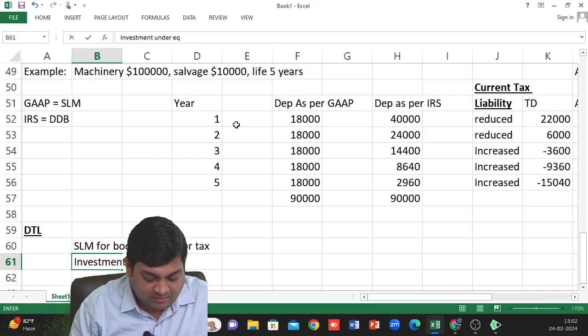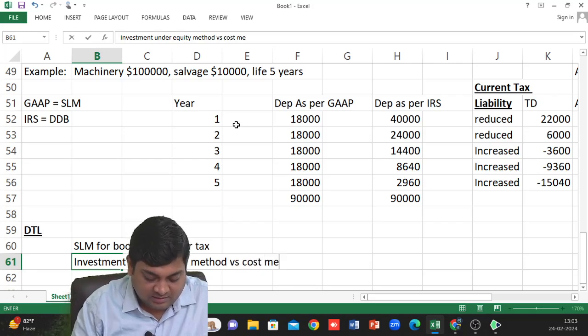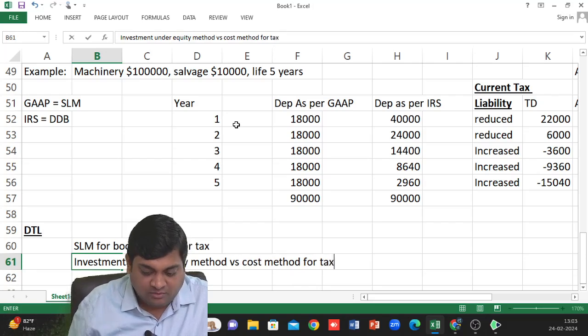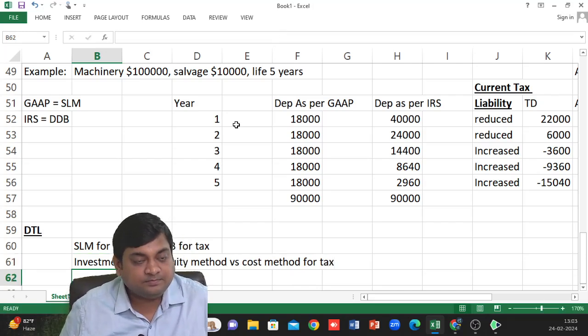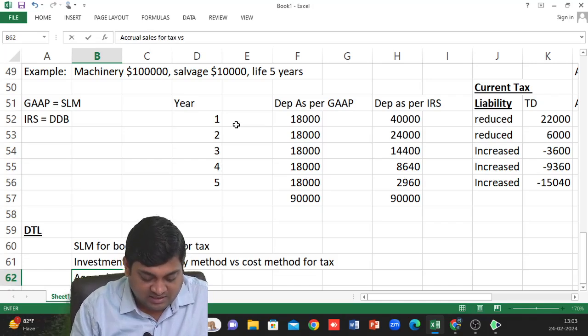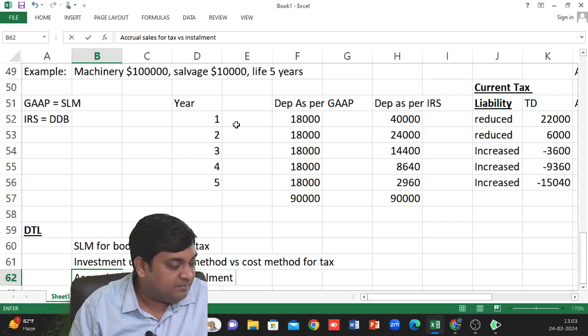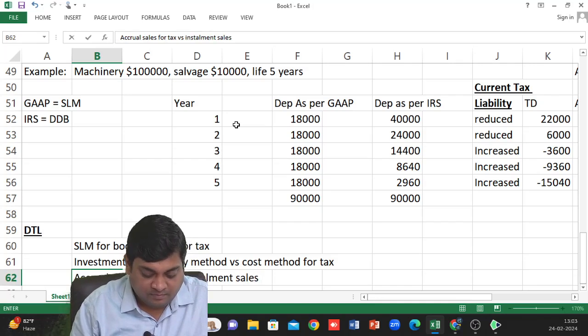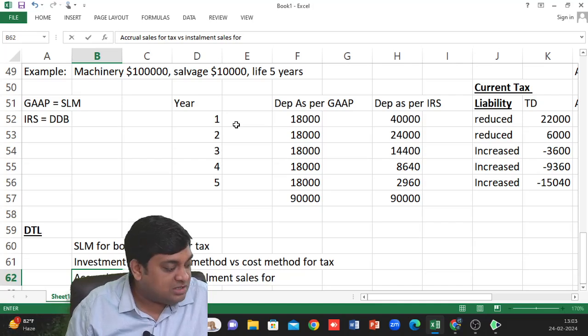Investment under equity method versus cost method for tax. Accrual sales for books versus installment sales for tax.